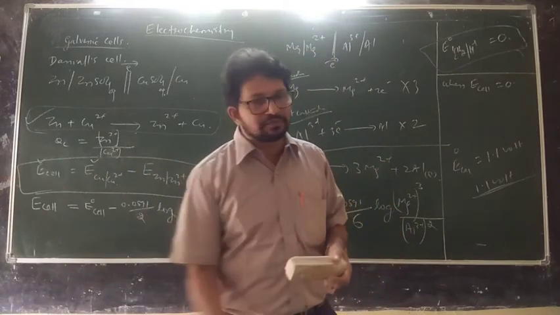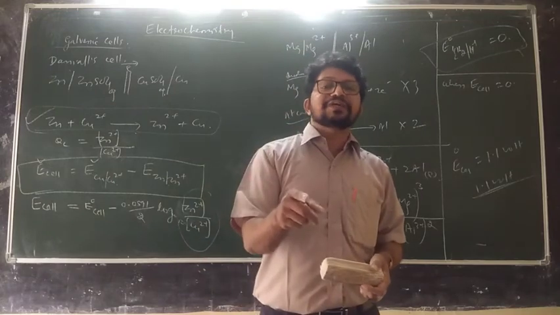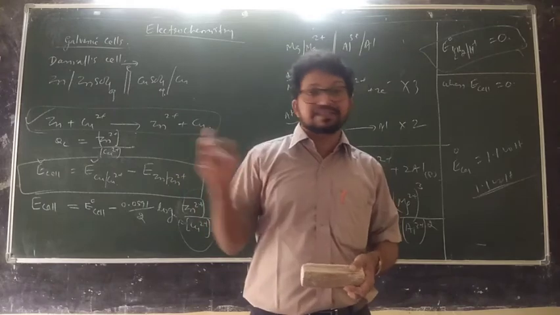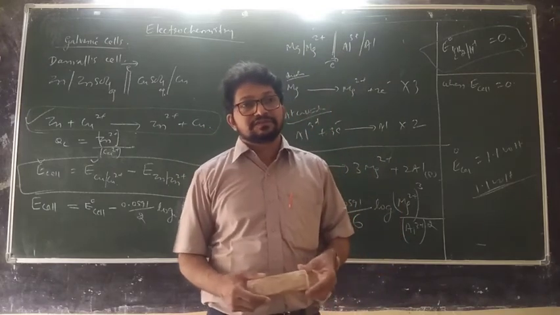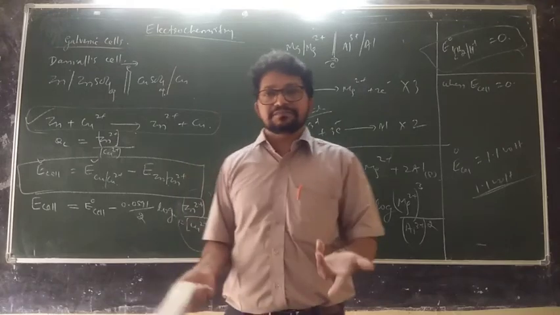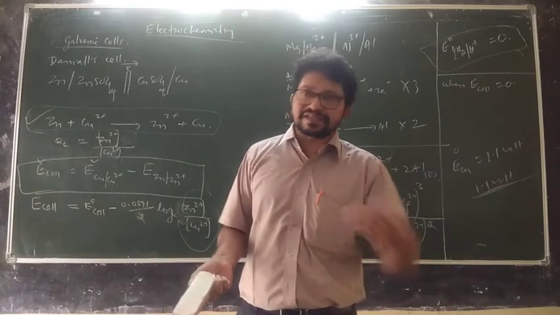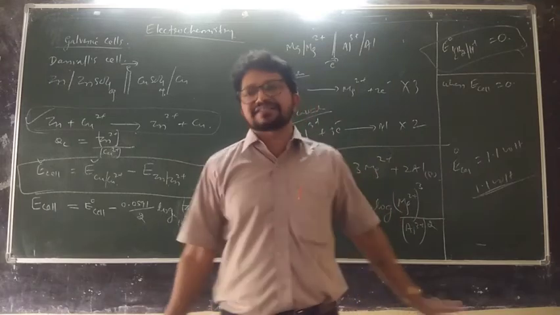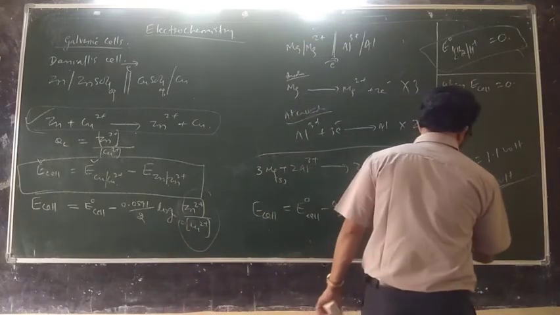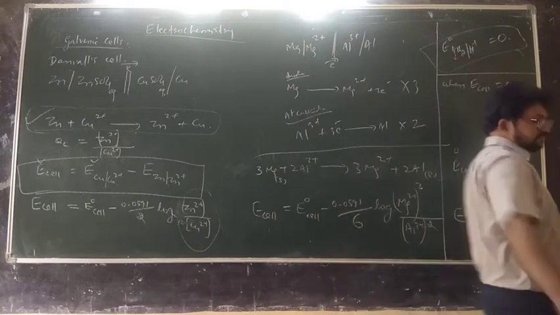The reaction should be reversed. For that, charging EMF should be more than the battery EMF. But now it is equal, no? Then what will happen? Equilibrium. Neither is the battery working nor is the battery charging. So in such a case, E of cell will be 0.